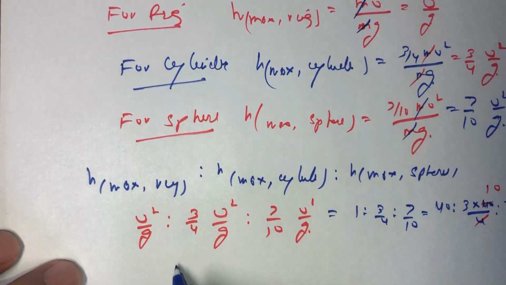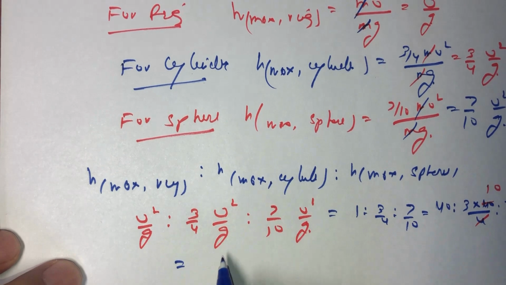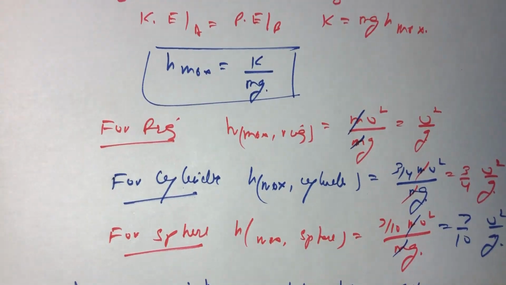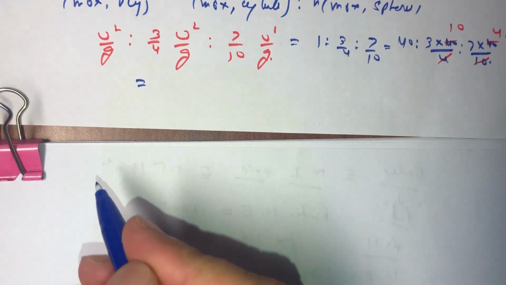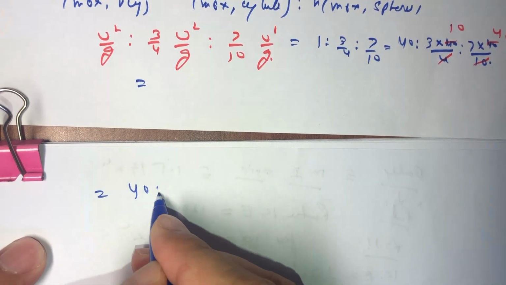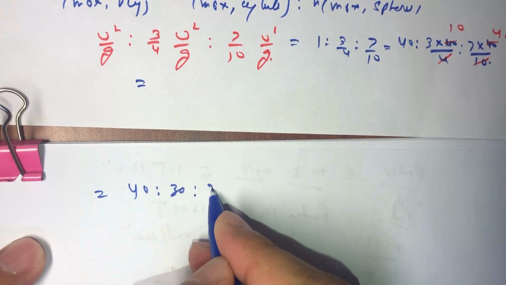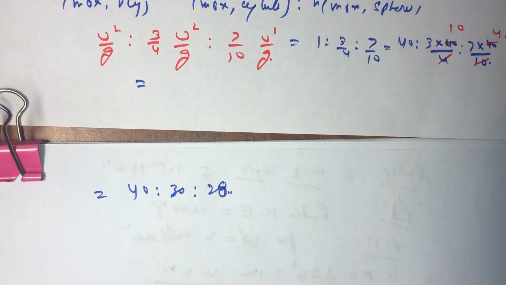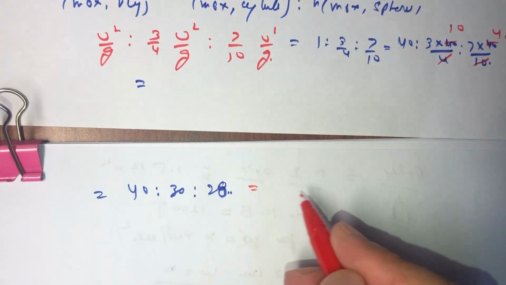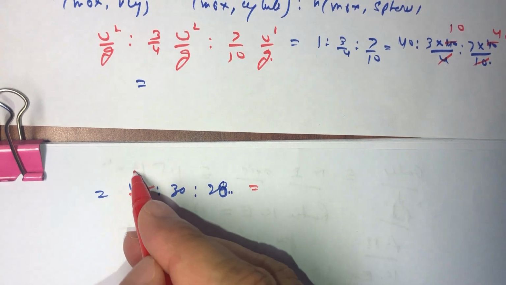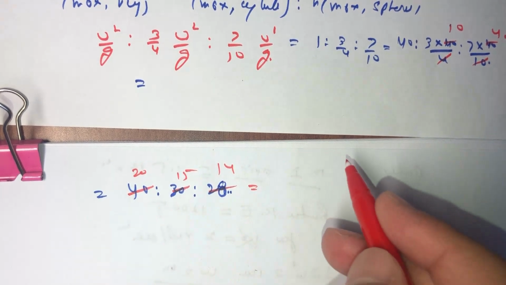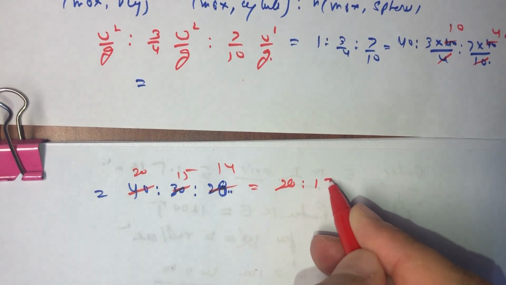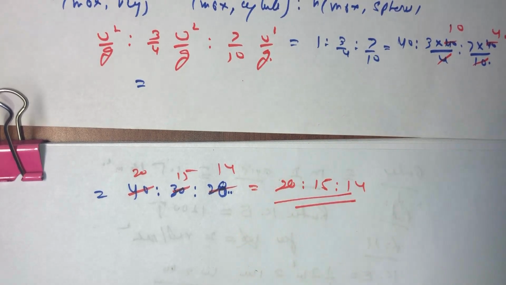So we get this will be equal to 40 is to 30 is to 28, and taking the common factor, this will be 20, 15 and 14. 20, 15 and 14.